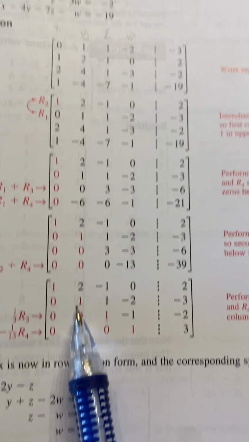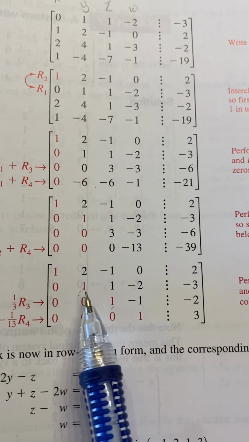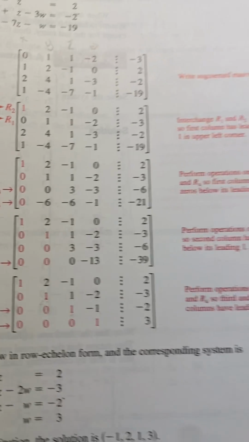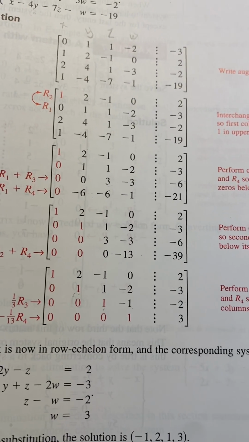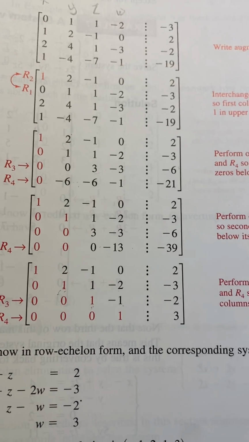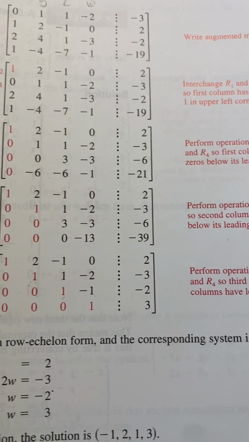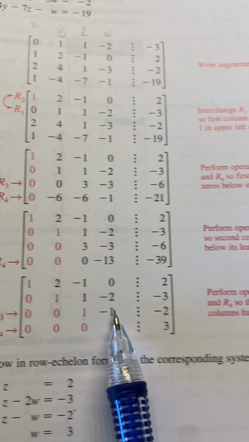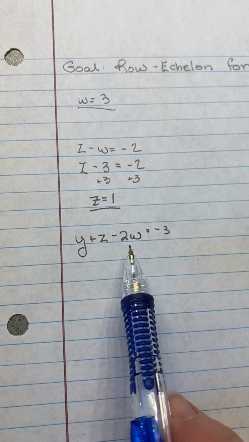Okay, let's go up to the second row. That's the Y. So we have Y plus Z minus 2W is equal to negative 3. Is that where I'm at? Yep, okay. So here's the equation that came from that matrix.